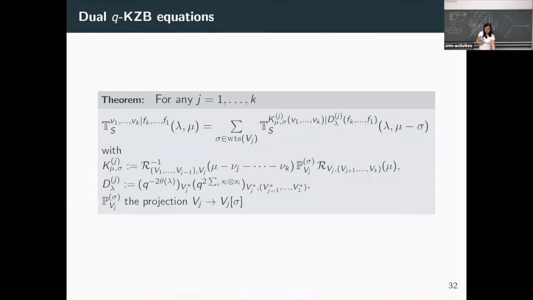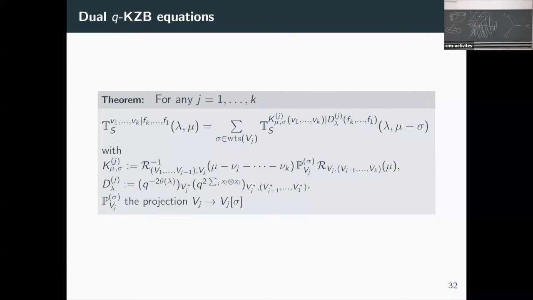Okay, so the equations that were proven by Etingof and Varchenko were the dual q-KZB equations, where KZB stands for Knizhnik–Zamolodchikov–Bernard. These are the quantum versions of the KZB equations that Jasper also showed last week. They can be interpreted as follows: our trace functions are invariant under these operators, which are formed by compositions of dynamical R-matrices together with projections onto certain weight spaces.